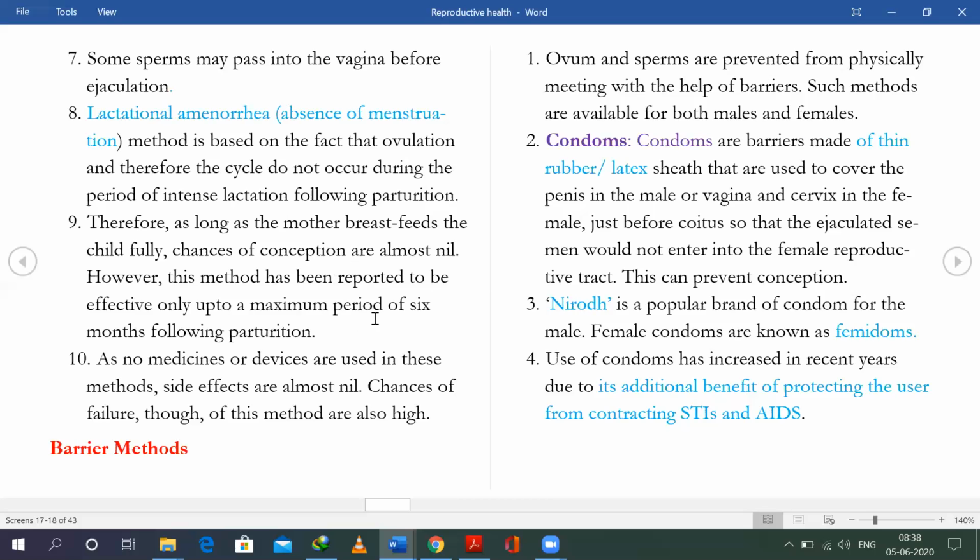However, this method is only effective up to a maximum period of 6 months, because 6 months is the intense lactation period.